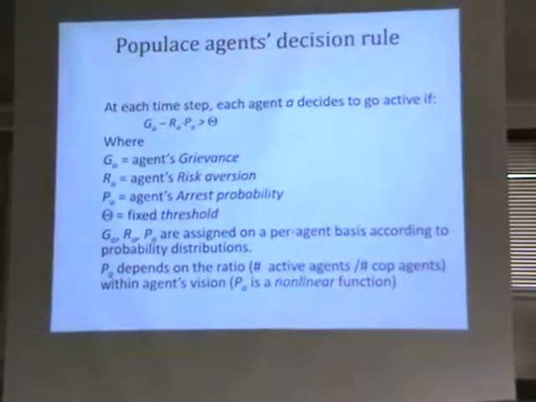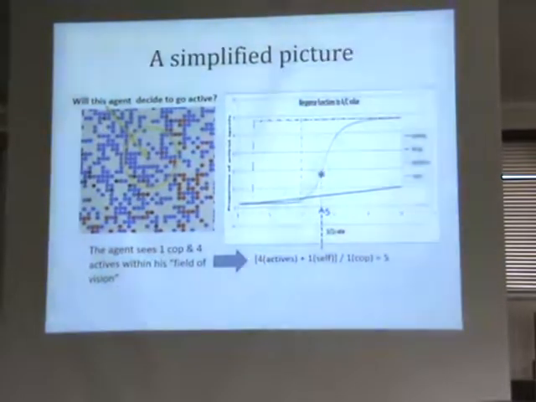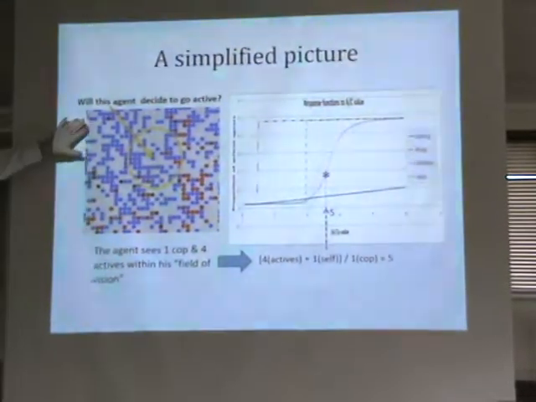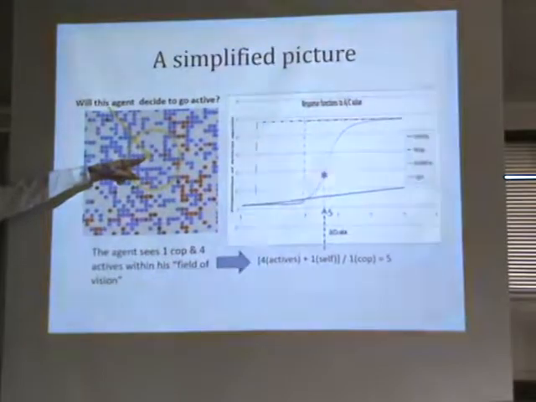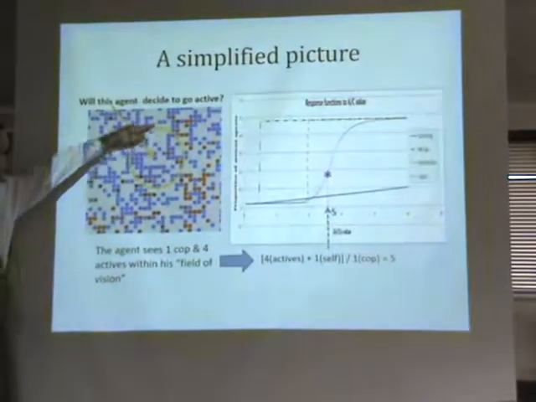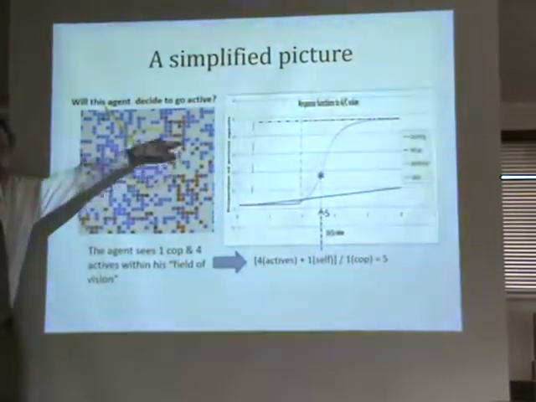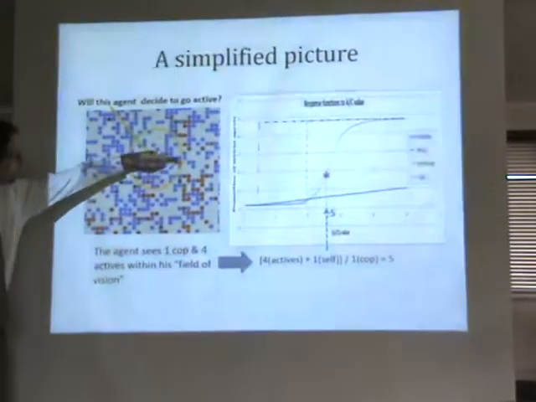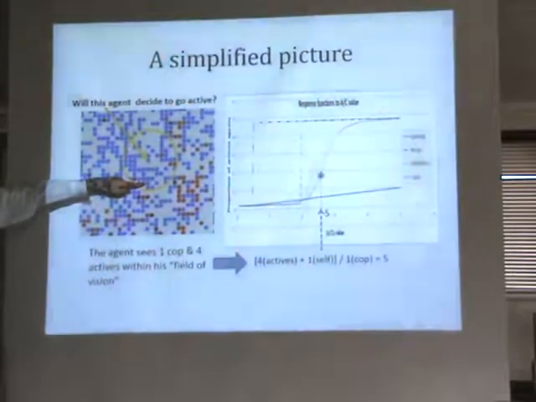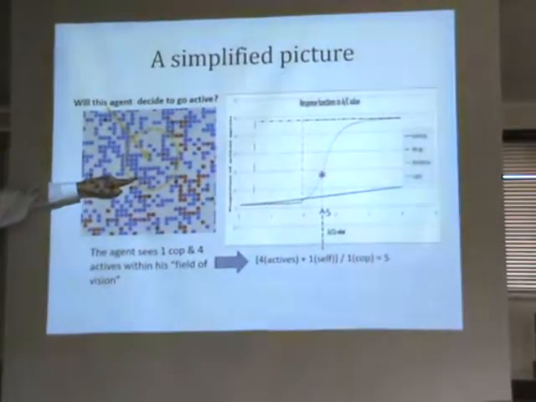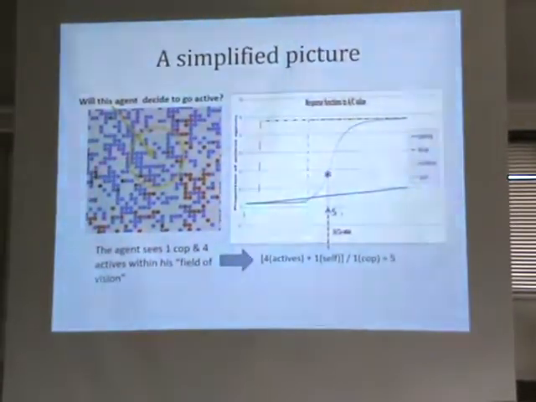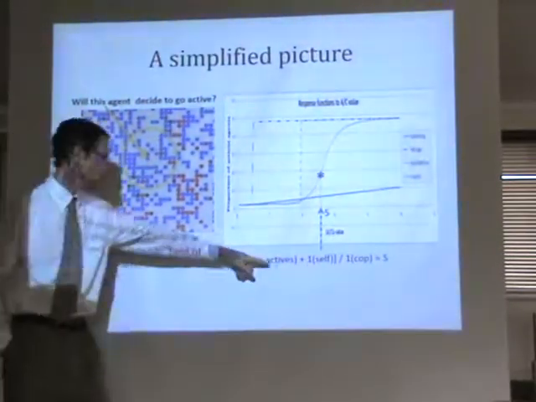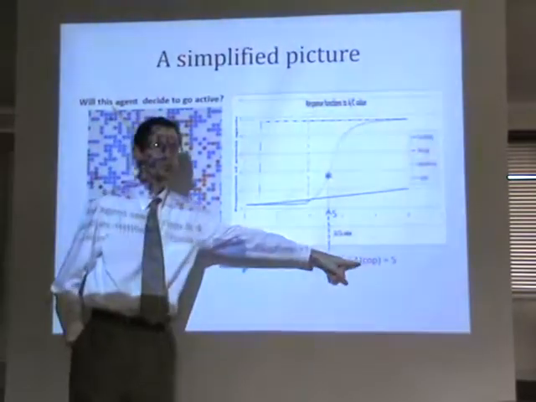So for instance, here's the question: will this agent decide to go active? This agent has a neighborhood that they look in. In this neighborhood there are 1, 2, 3, 4 actives, and 1 cop. So the way this works is you take 4 actives plus himself, divided by the cops. That's 5.